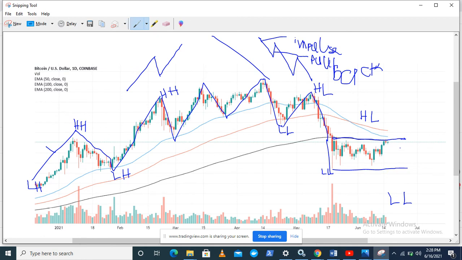Otherwise, it's also advisable to stay clear of a ranging market until the market breaks out of that consolidation and gives you a clear direction, an all clear signal, so that you can confidently enter the markets.